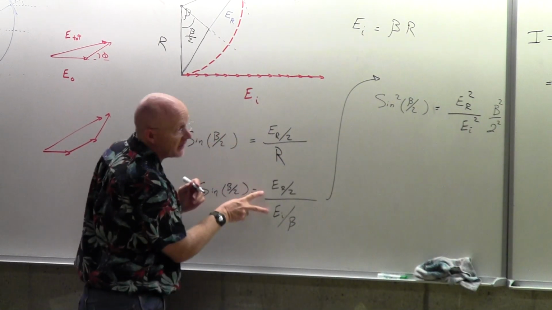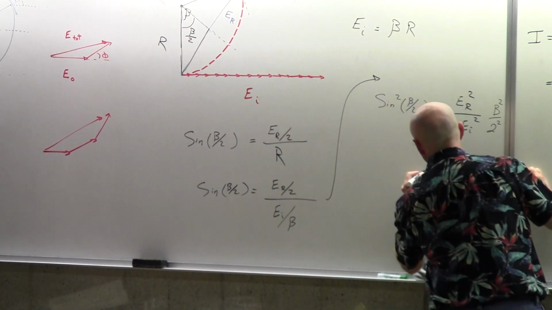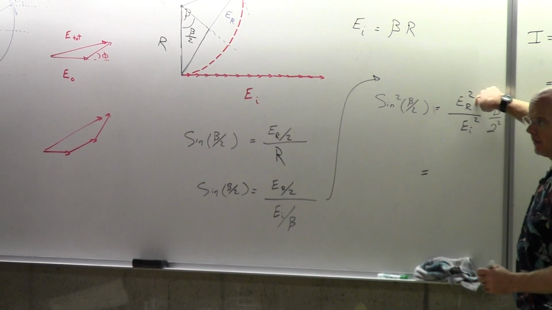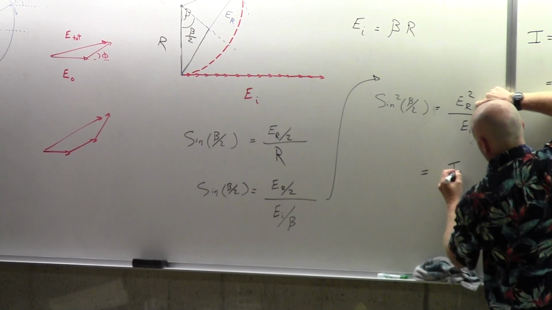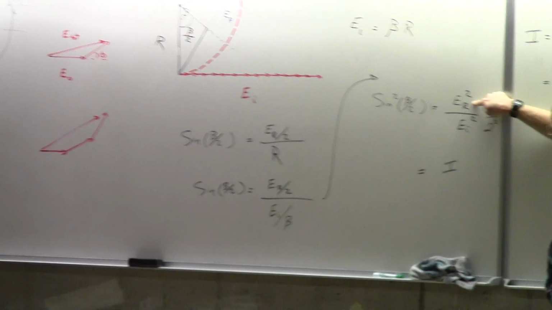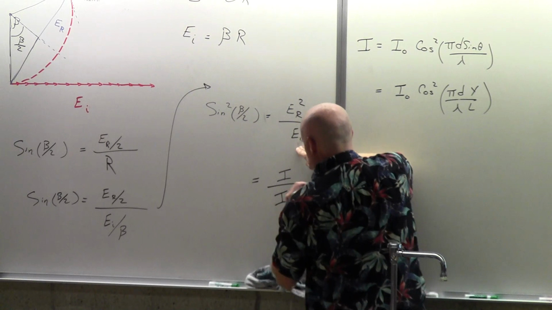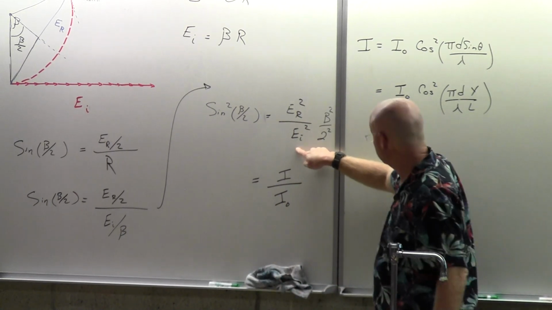So I wanted to look at the electric field separately, because what would you call these electric fields? This would be the intensity that I'm looking for. What is the resulting intensity? It's the electric field squared. What would I call this? Yeah, the intensity down the center, just like we did for the double slit.